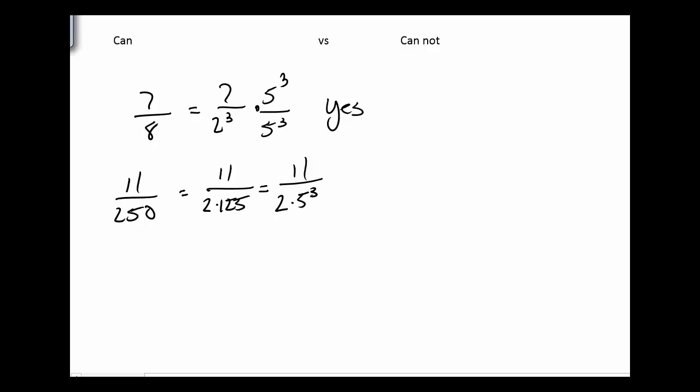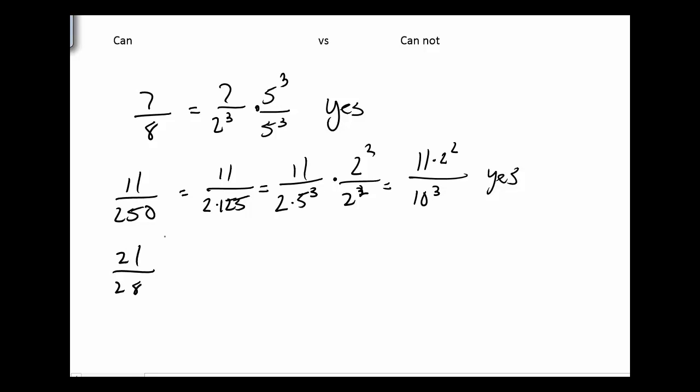So is it possible for me to get a power of 10 in there? Yeah. If I multiply by 2 squared over 2 squared, I'd get some number times 10 to the third power. So this is another yes. It is possible to rewrite that fraction in a terminating form.